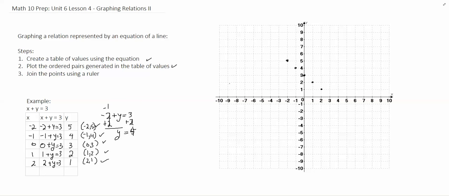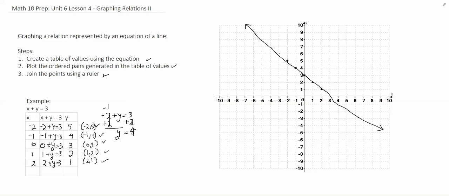Now we're going to use the ruler to join these points. When you do that, you don't just start at one point and go to the other. We extend that line up like so, beyond, and again, as I say, use a ruler.